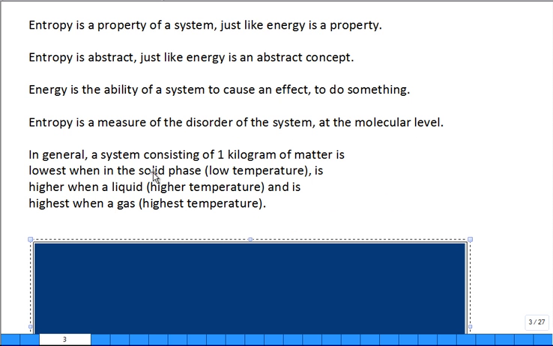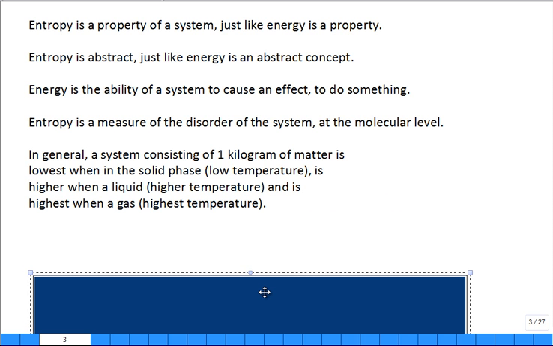In general, if a system consists of, let's say, 1 kilogram of matter, entropy is lowest when it's in the solid phase. The entropy increases when it's in the liquid phase, and entropy is highest if you had a kilogram of that substance in the gas phase.